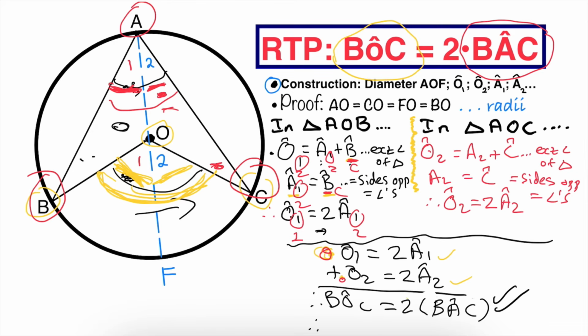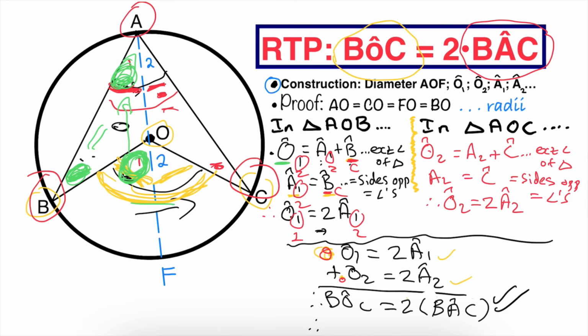Okay, let's talk about the flow. I'm going to use green now. The flow is, you're going to say O1 equals, look at the diagram, the sum of this plus this, right? Next step, this is equal to this, right? The next step is O1 will be equal to 2 times A1.